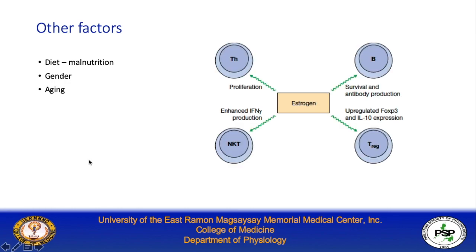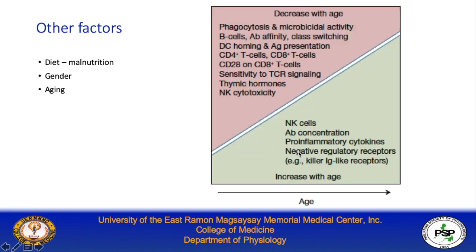For gender, they would say that the presence of the female sex hormone estrogen would have the following effects. And aging. Okay, so these are the consequences of the aging process.